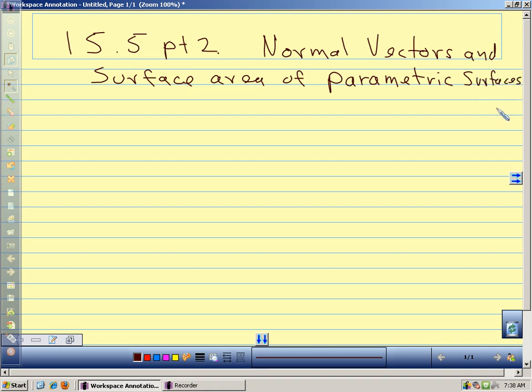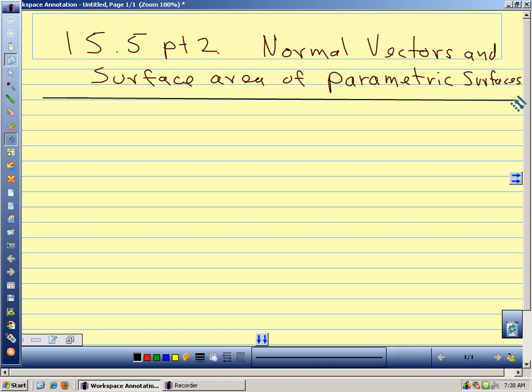All right, so back in chapter 14, we came up with a method of finding the surface area of surfaces. We used a double integral to find the surface area.